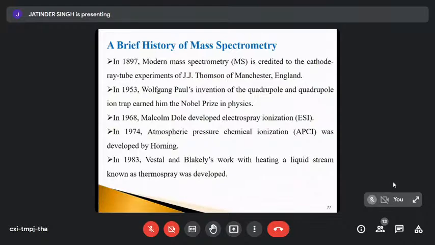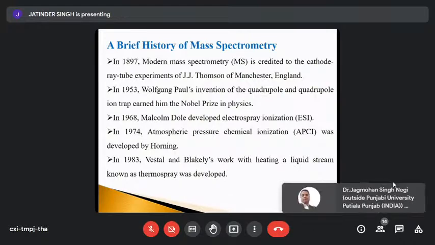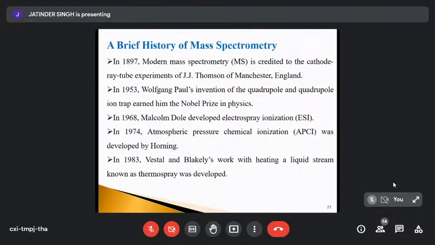Liquid chromatography, and mass spectrometry is another world. Both techniques are different. It is very difficult to combine liquid chromatography with mass spectrometry. Mass spectrometry is a very good online detection system for liquid chromatography.